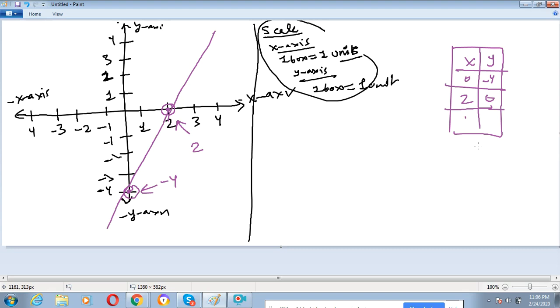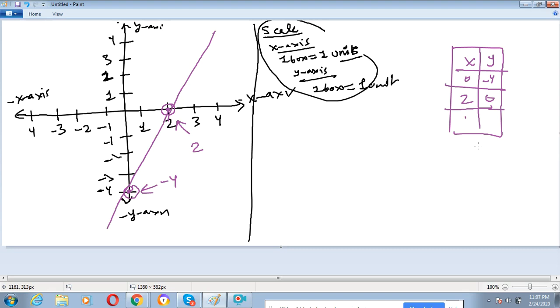Okay, so y is equal to 2 times negative 3 minus 4.